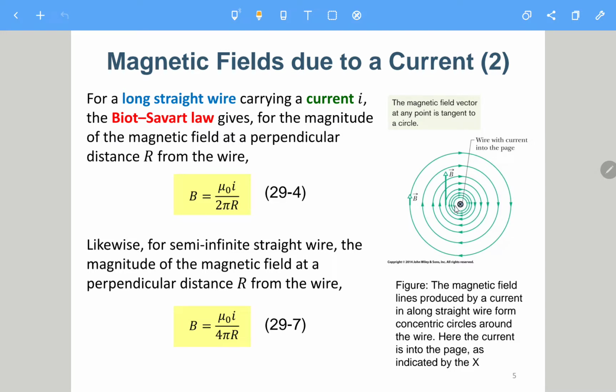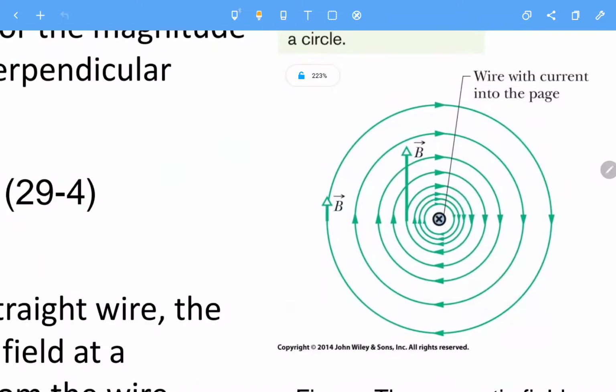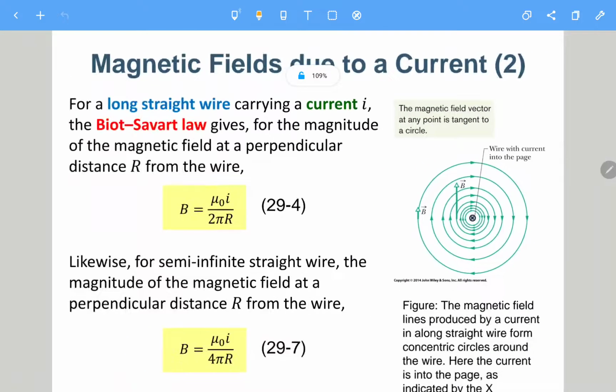For this figure, you can see this is a circle with a cross, which means this is a current going into the page. And the wire is infinitely long, from negative infinity to infinity. Although practically it can't be like that, that's the case we assume here.